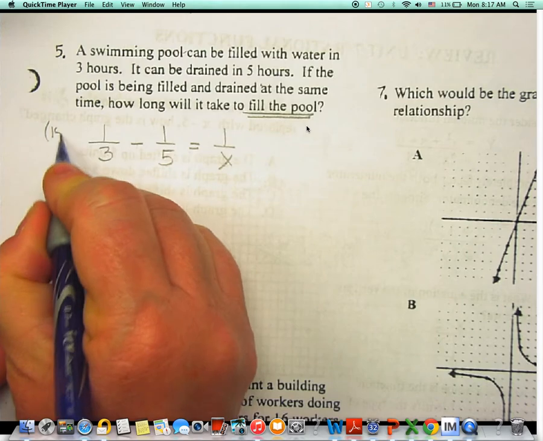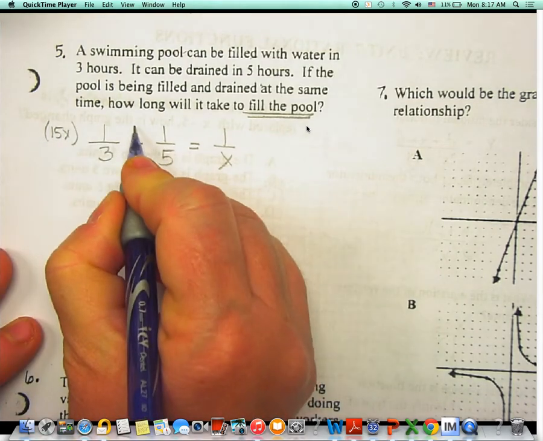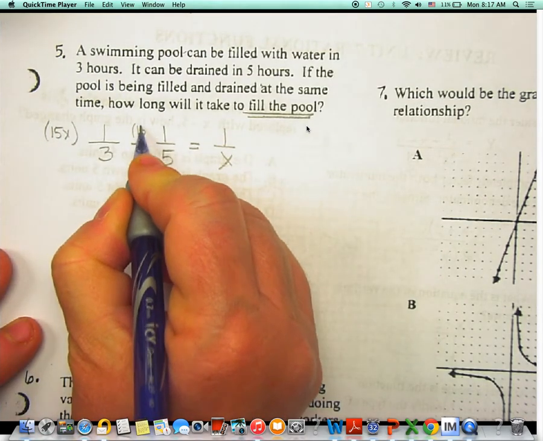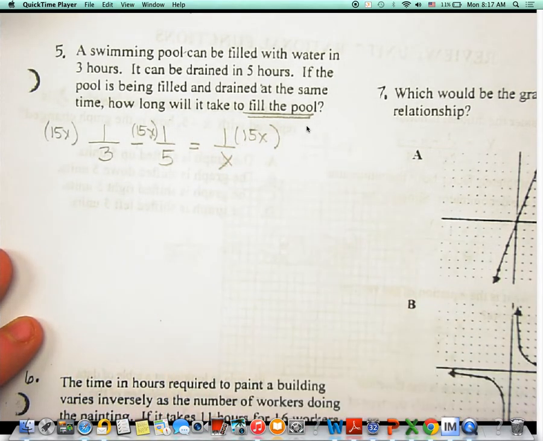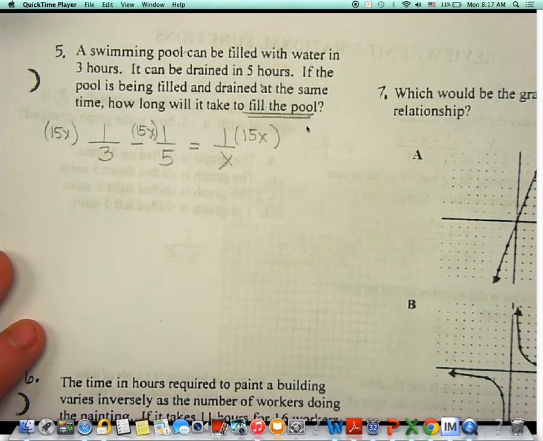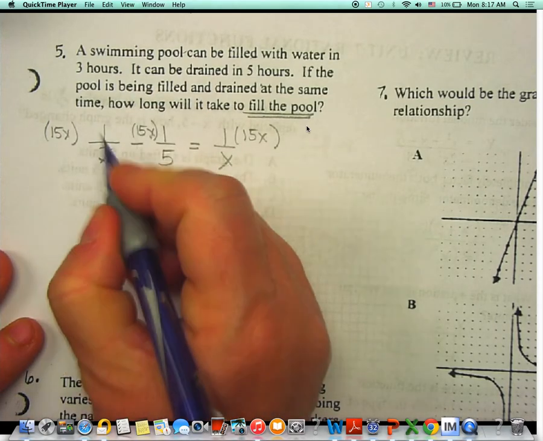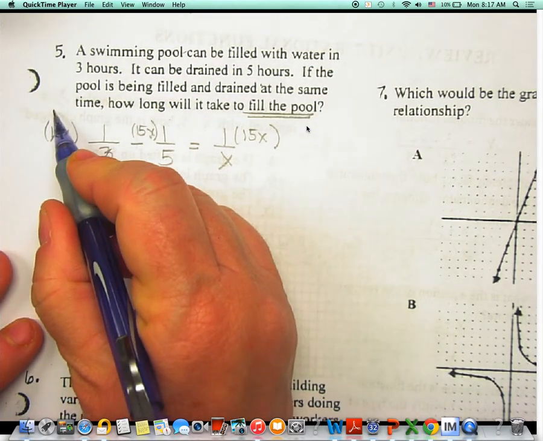So 15x, put 15x by everything. Okay, and 3 goes into 15 how many times? 5.